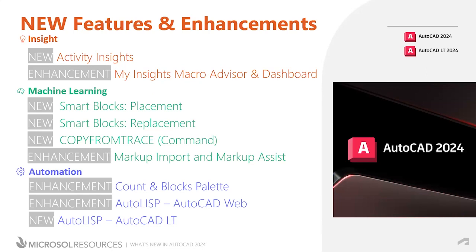And just to recap our exciting new features, we have Activity Insights and My Insights, Micro Advisor and Dashboard enhancements. We have Smart Blocks Placement, Smart Blocks Replacement, Copy from Trace, and some enhancements for the Markup Import and Markup Assist. We also have the Count and Blocks palette, and we also have AutoLISP on AutoCAD Web, and of course, AutoLISP on AutoCAD LT.